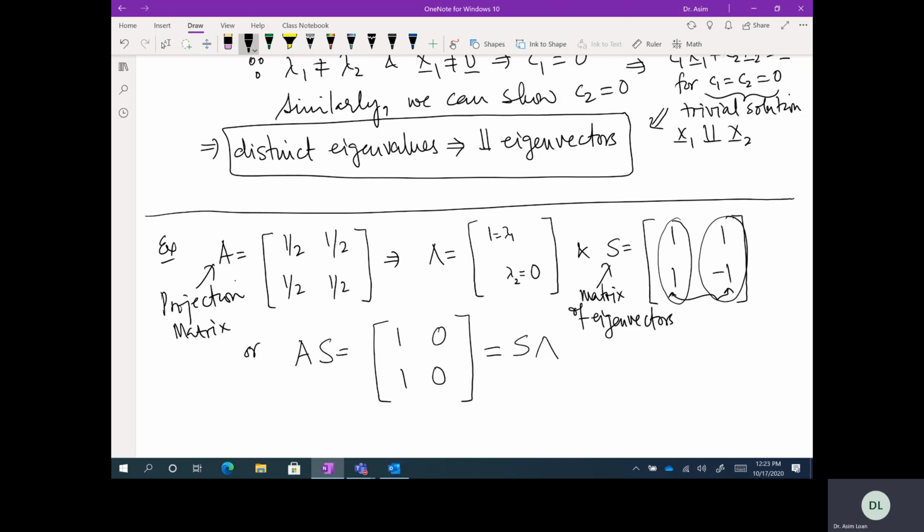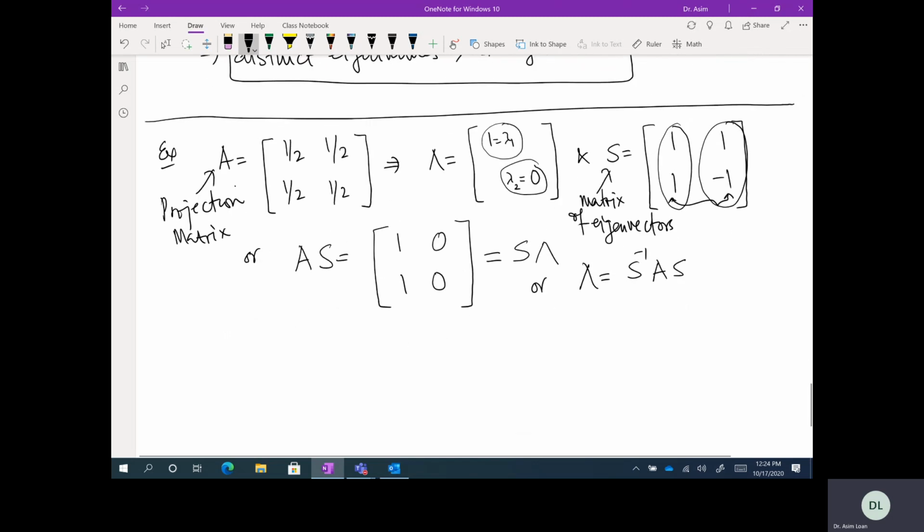What is S times lambda? I pick the first column of S as is, which is 1, 1. For the second column there is no contribution, so it's 0, 0. So I get the same result here. Or lambda is equal to S inverse A S. You can also check that.